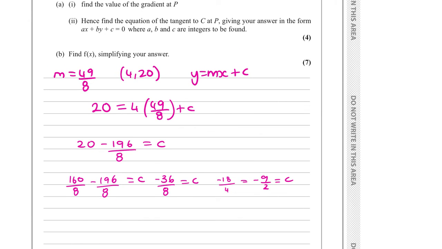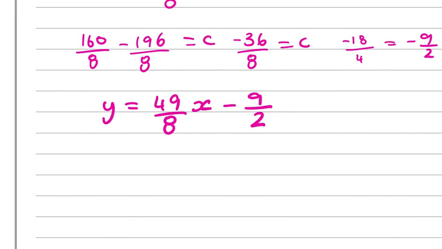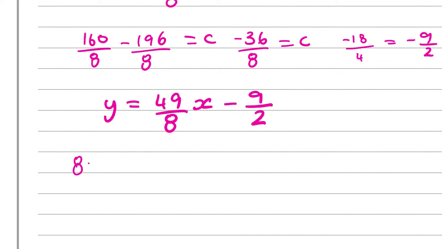Brilliant. So now we have y equals 49 over 8 x minus 9 over 2. It wants it in the form ax plus by equals c. So I'm going to multiply everything through by the largest denominator, which is 8. So I'm going to have 8y equals 49x minus 9 over 2 times 8, which is minus 36.